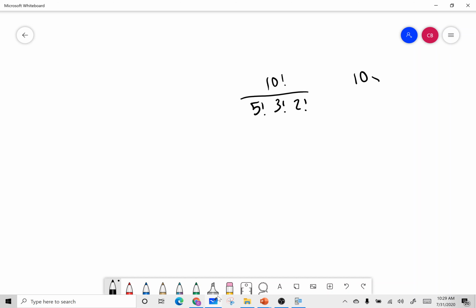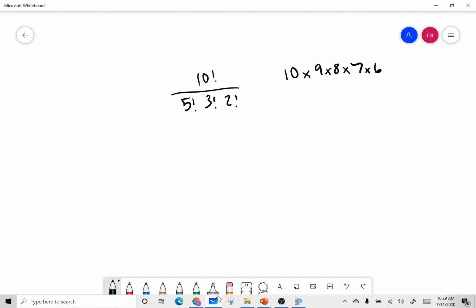So this is 10 times 9 times 8 times 7 times 6 times 5 factorial. Always make sure you choose the bigger factorial to cancel from. So 5 factorial, 3 times 2 times 1, and 2 times 1, we're multiplying all this, by the way, cancels.